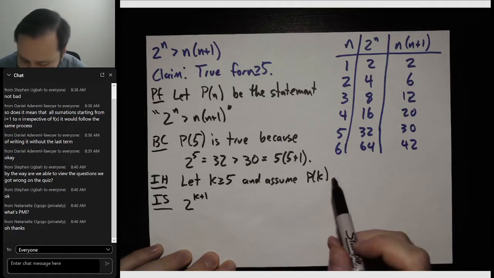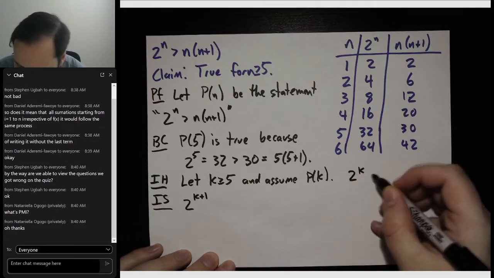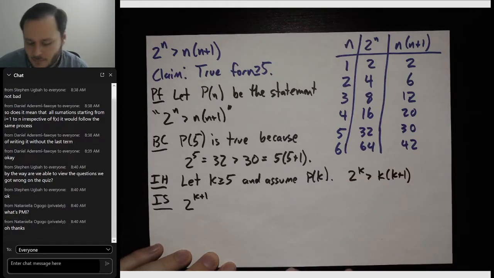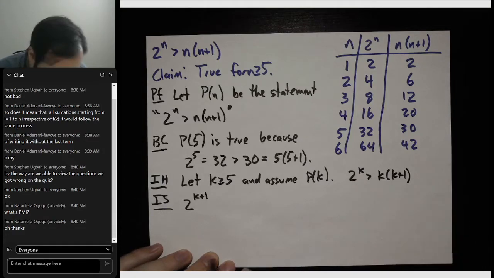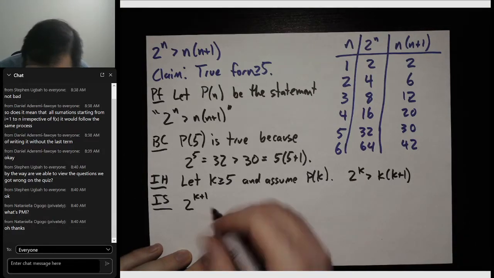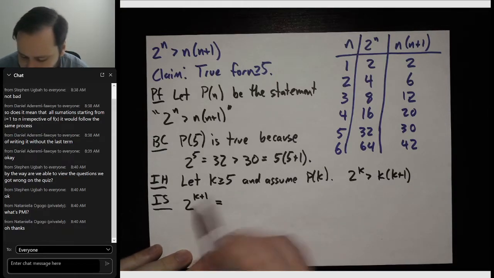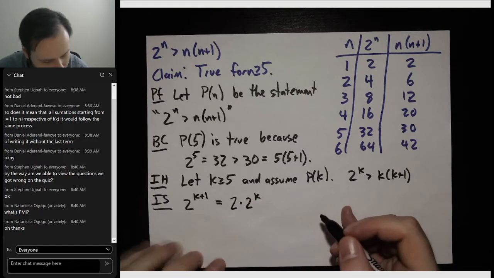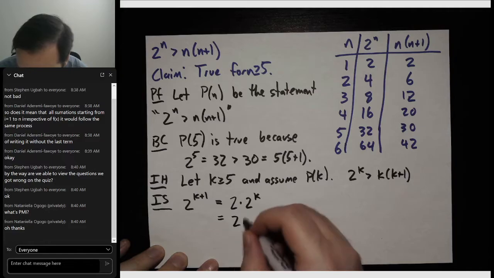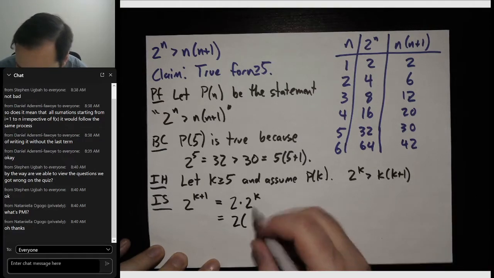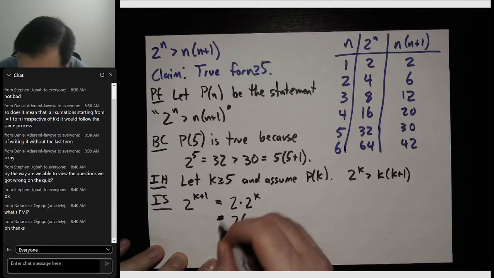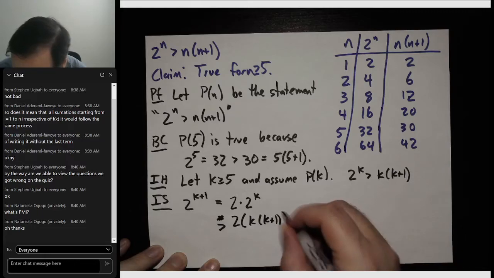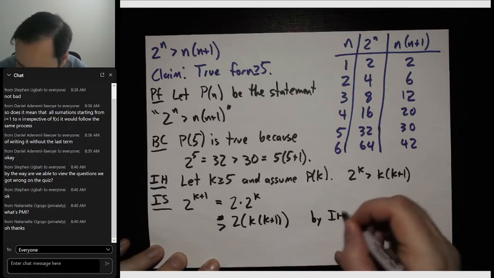And I want to use somehow that 2 to the k is bigger than k times k plus 1, which means I want a 2 to the k to appear somehow. So I'm going to force it to appear. 2 to the k plus 1 is the same as 2 times 2 to the k. And here I can use my induction hypothesis. 2 to the k is bigger than k times k plus 1 by induction hypothesis.